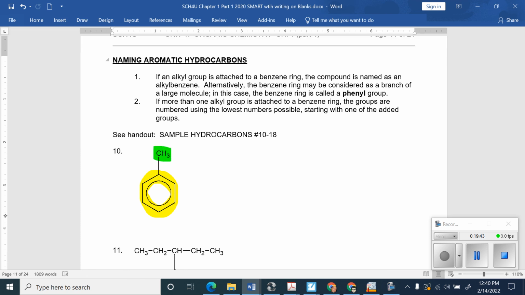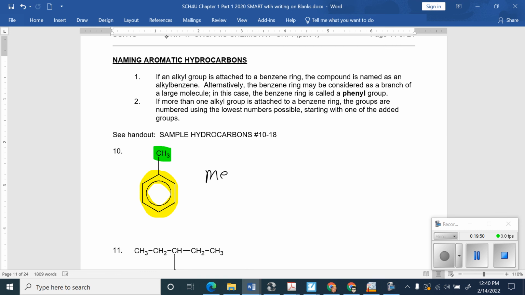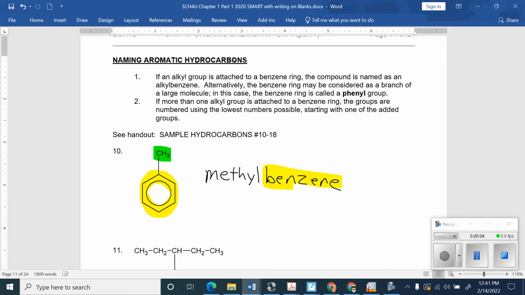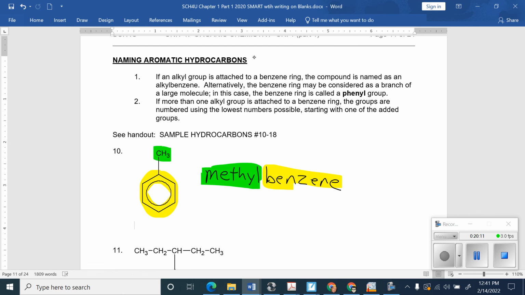And there's a methyl group. So again, I'm just going to call this methyl benzene. The benzene is that group right there. The methyl group is there. And we don't need a number because there's only one. And it's a circle.